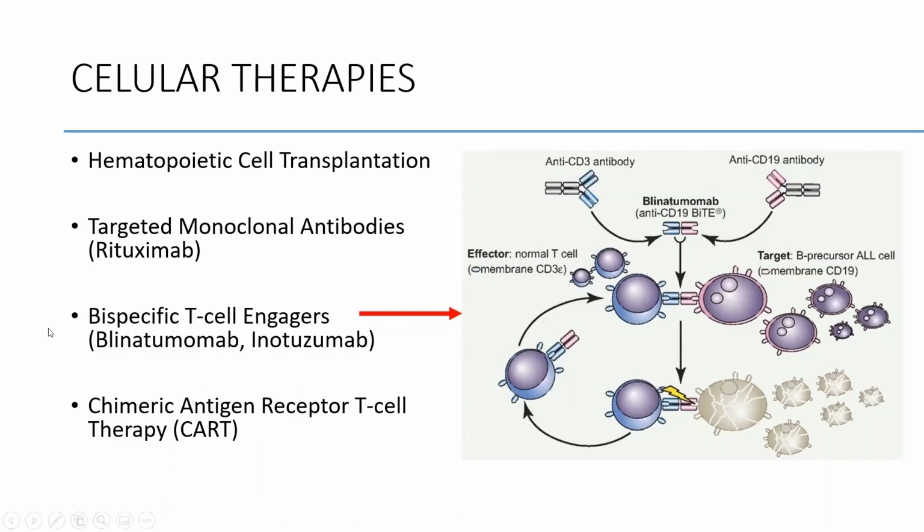This was first done using HSCT, where a new donor immune system can survive and eliminate any remaining leukemia or other diseases, like how we do in our center for thalassemia, where we eliminate the disease.